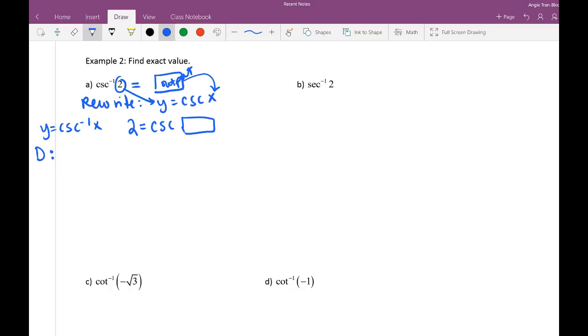I hope you wrote down from negative infinity to negative 1, union that with 1 to infinity. Then, of course, I will ask you what the range is for cosecant inverse.